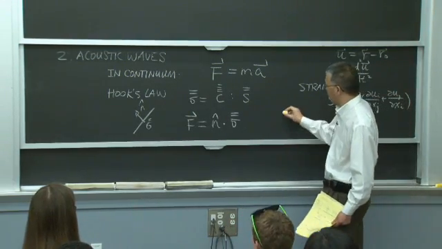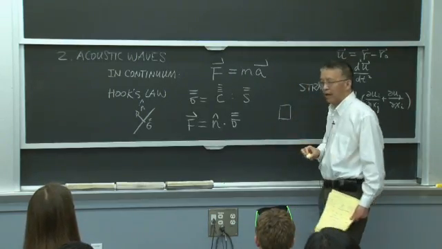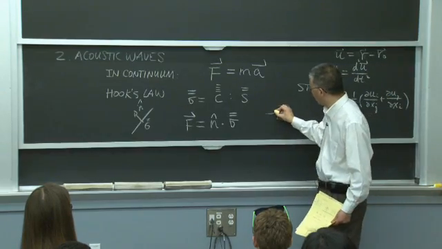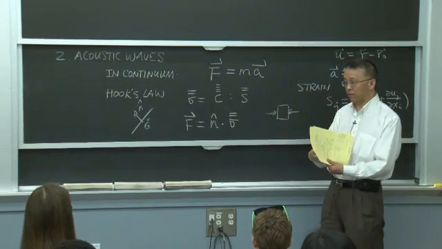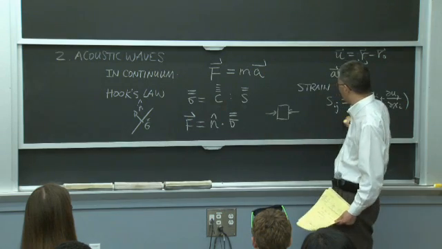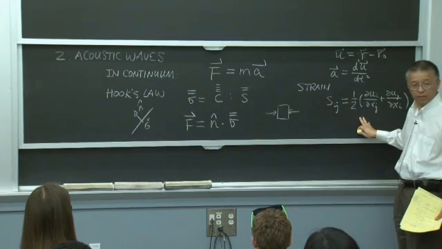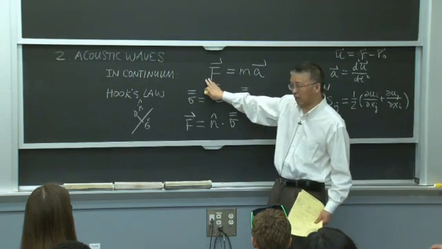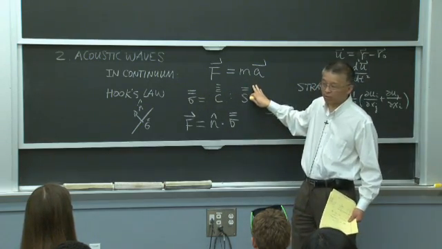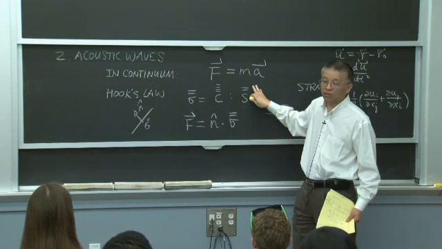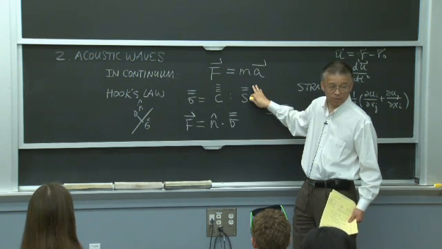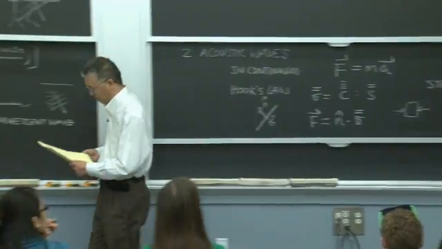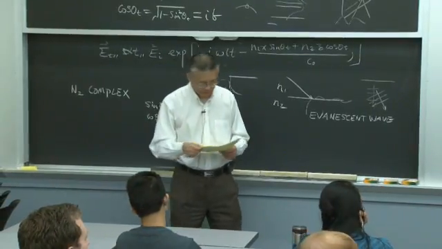The reason is you have to do your finite element analysis. So you take a differential volume, right? You have a force difference, that's the net force. That difference gives you the second order space derivative. So you get the second order time derivative on the left-hand side, and on the right-hand side you get the wave equation. That's the acoustic wave equation. If I write it down, it will be very, very long.